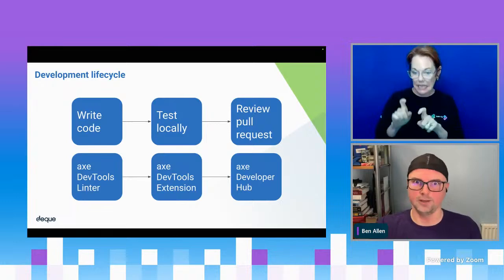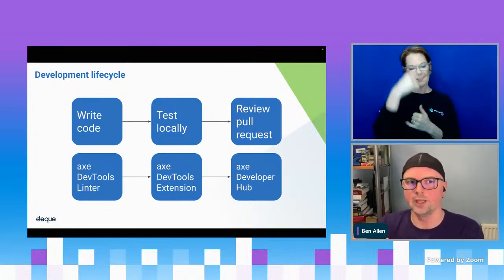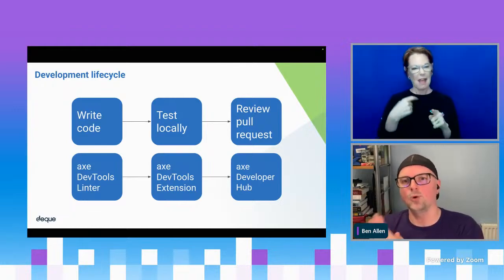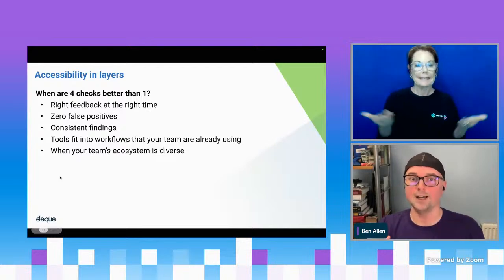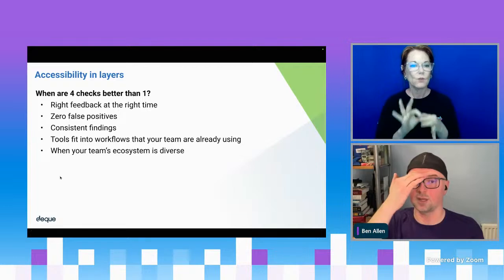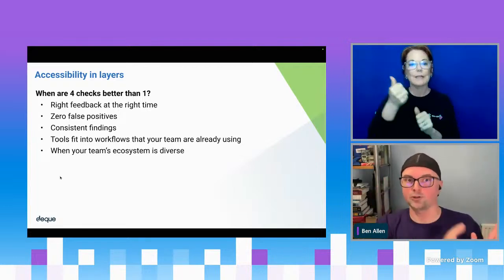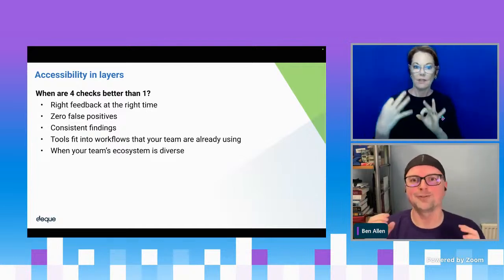Now, at this point, you might be thinking, okay, this is interesting, but do I really need all of those checks in my workflow? I think for most teams, more quality gates does mean more value. And at Deque, we work really hard to solve the problem: what does good feedback look like at each stage of the development workflow? We try to provide the right feedback at the right time, and our results have zero false positives.